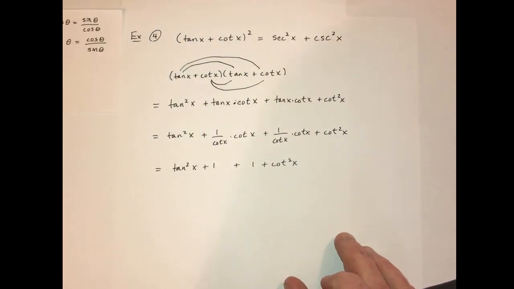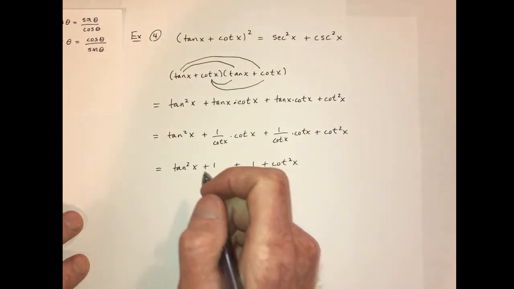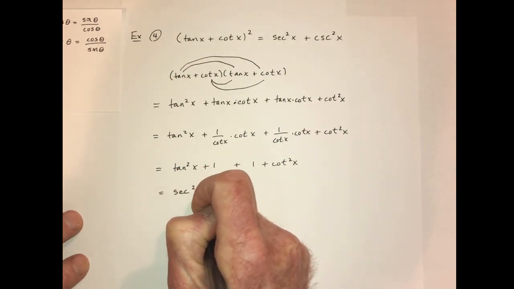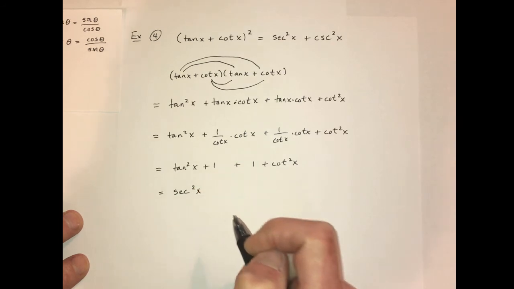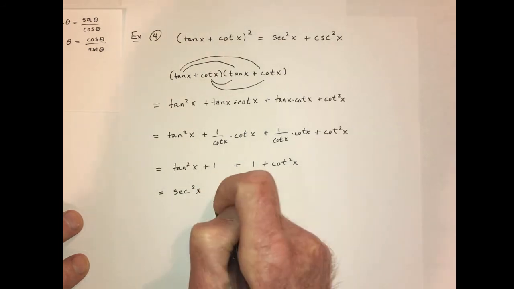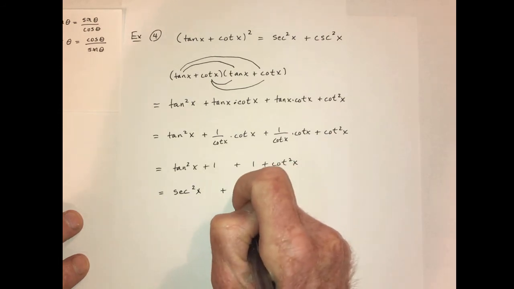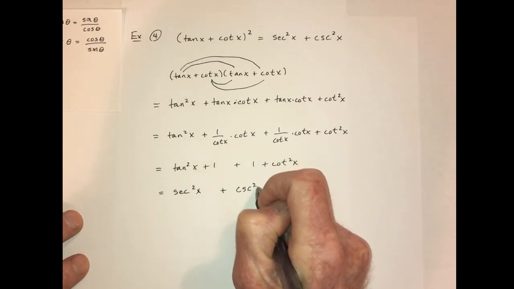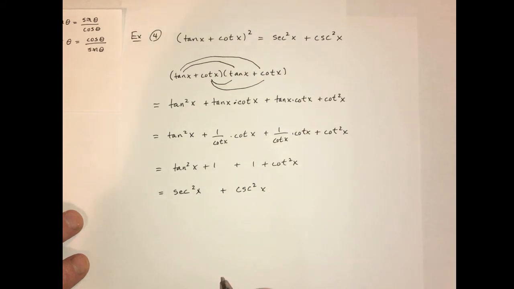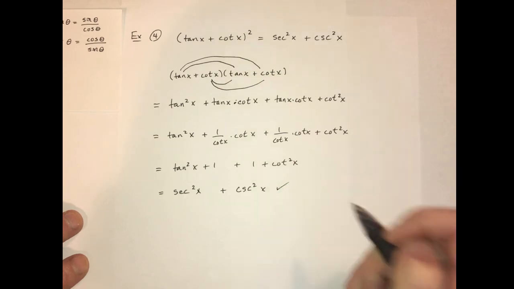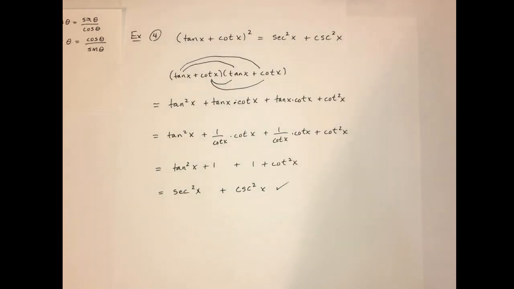So the tangent squared plus 1 gets changed to secant squared. Oh, that was a sloppy x. Sorry about that. And then this one, 1 plus cotangent squared, is cosecant squared. And that is what we were supposed to get. So this one gets the official check mark. Done.